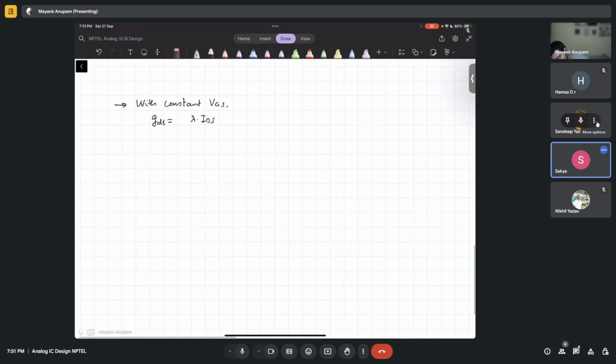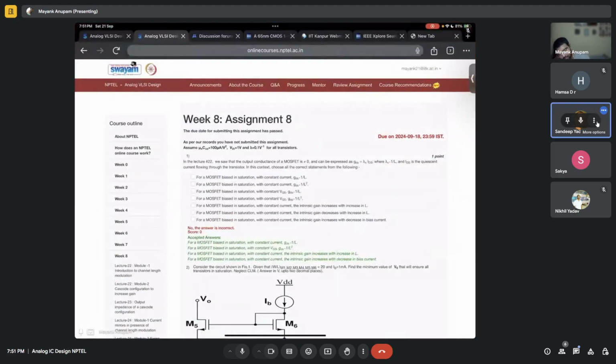And IDS is equal to mu n Cox W over L by 2 times (VGS minus VTH) whole square times (1 plus lambda VDS). This is what it is, right?